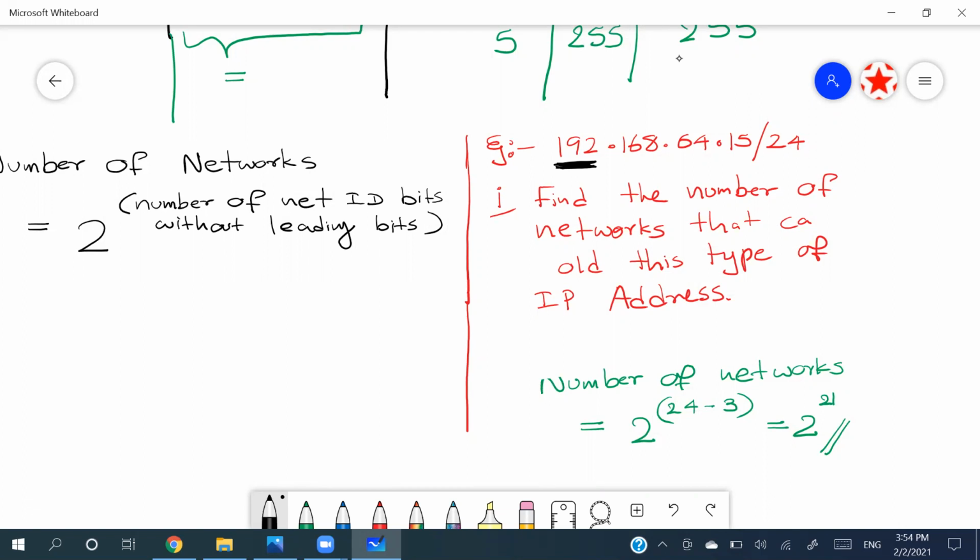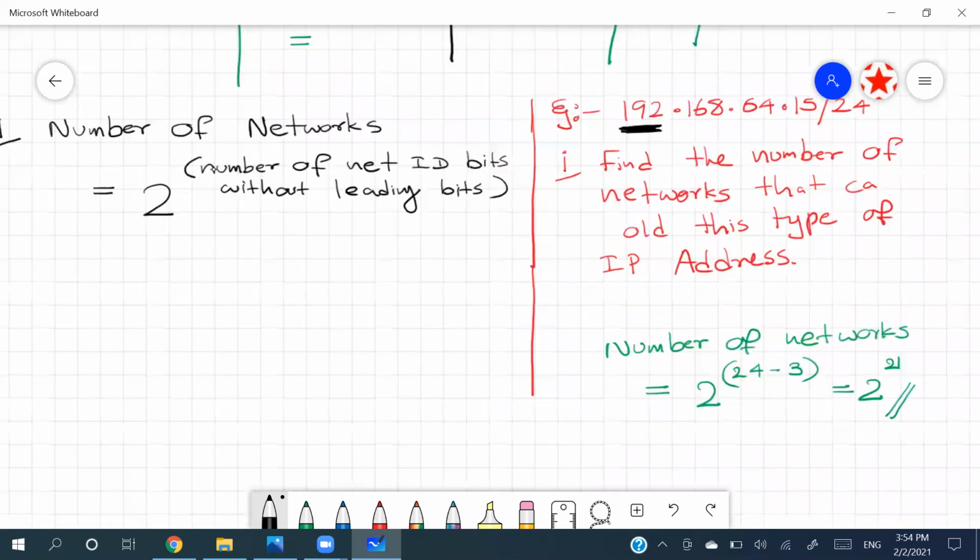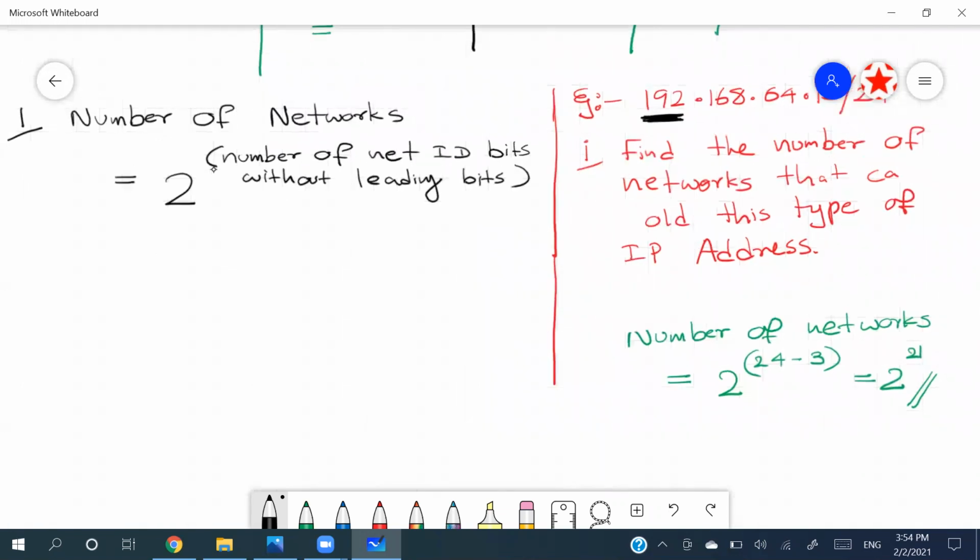So the second equation, now I am referring to that particular IP address.